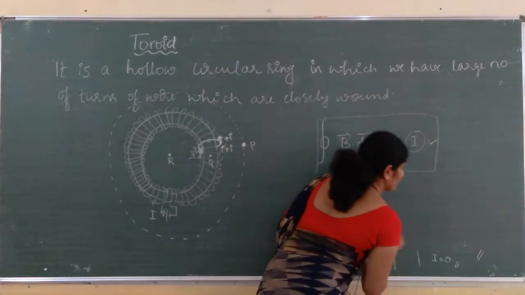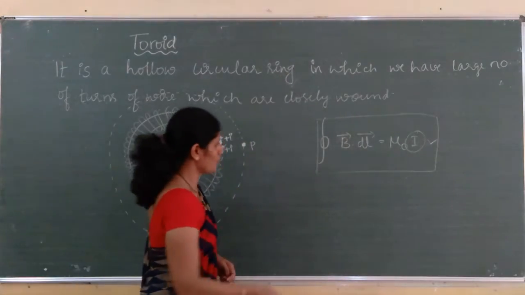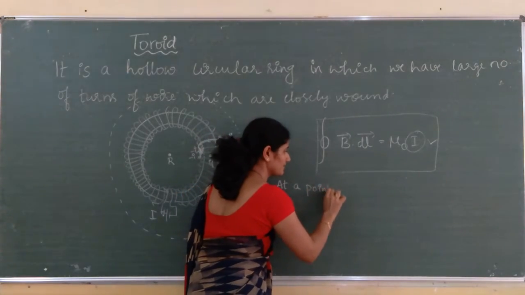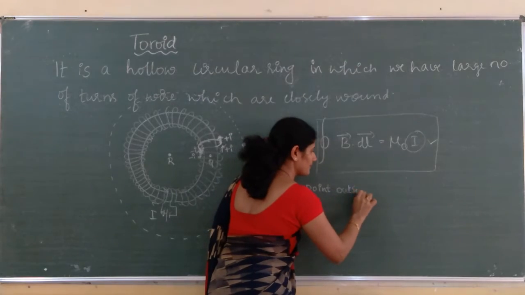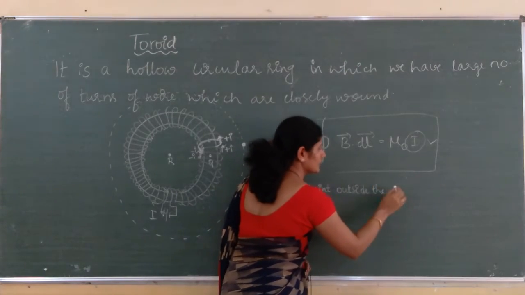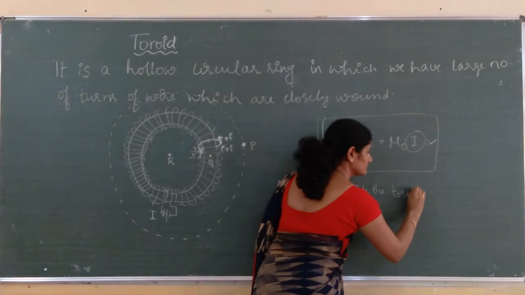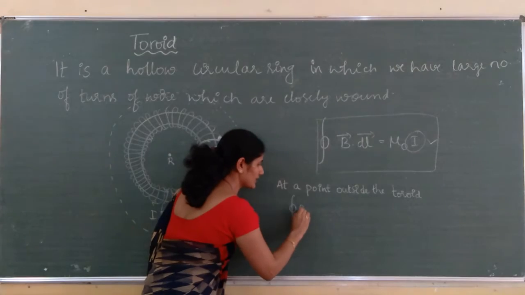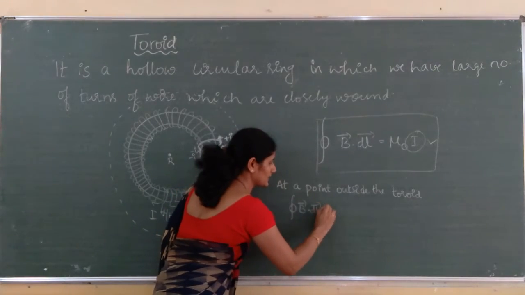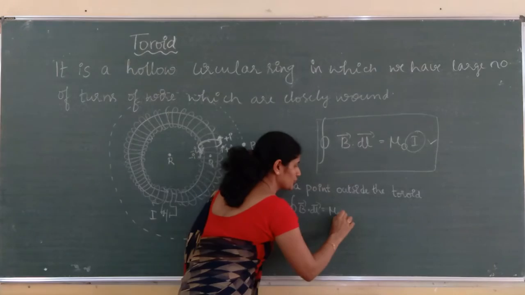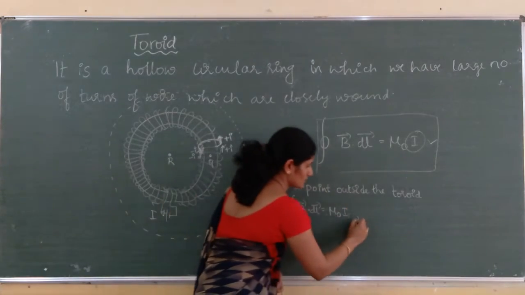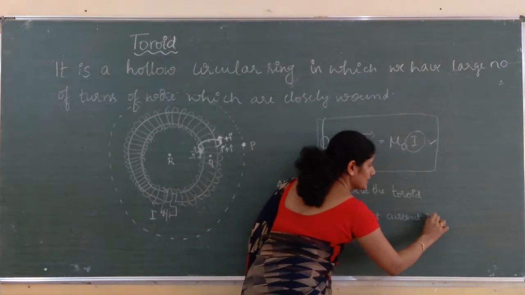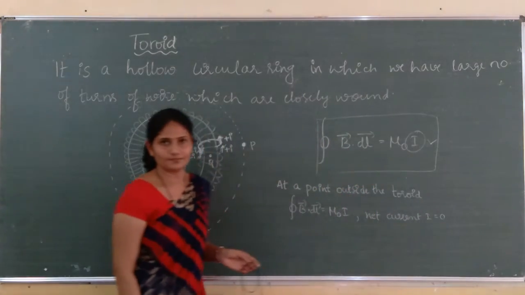Therefore, at a point outside the toroid, closed integral B vector dot dl vector is equal to mu naught into I. So, the net current I is equal to 0, right.